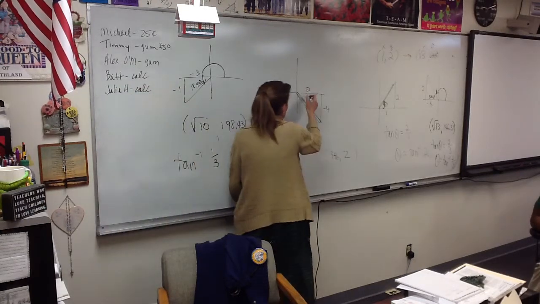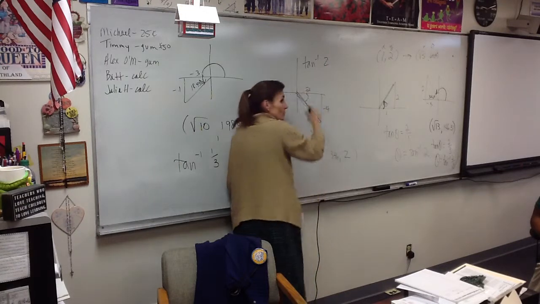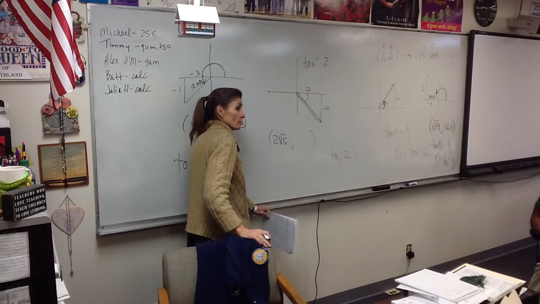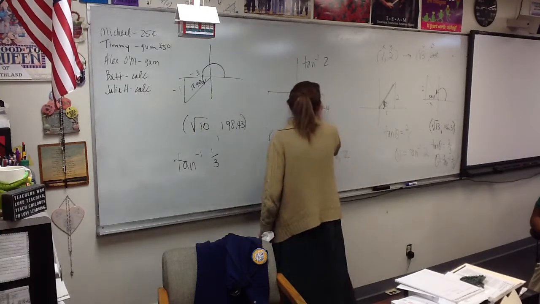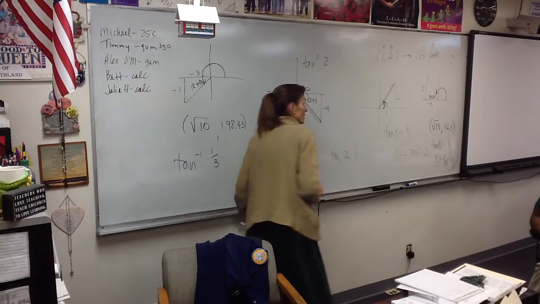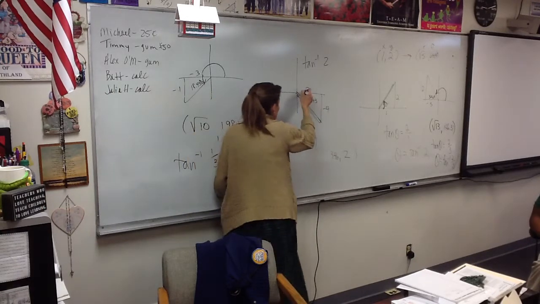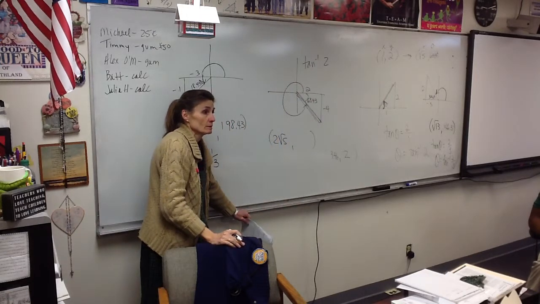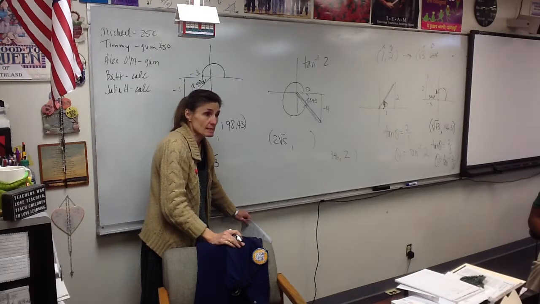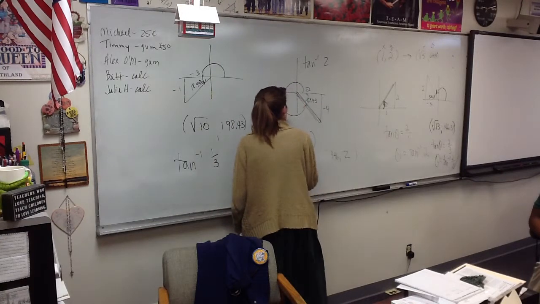Now I need this angle, so I'll say second tangent 4 over 2. Is that 63.43? Yes. That is not the answer. The answer is this angle. How will I calculate that? 360 minus 63.43. So what is that?